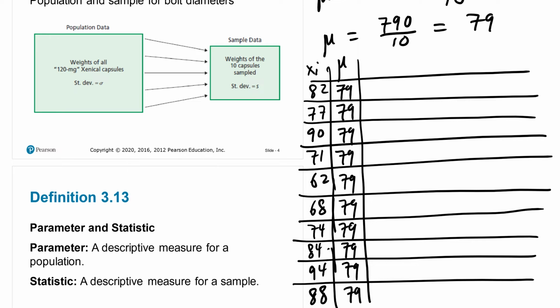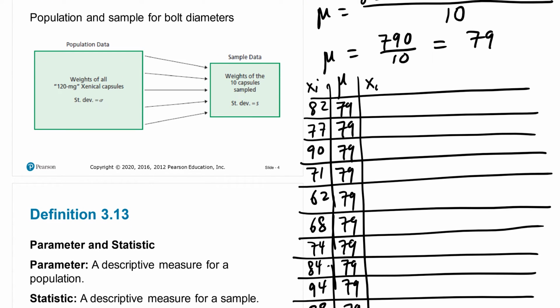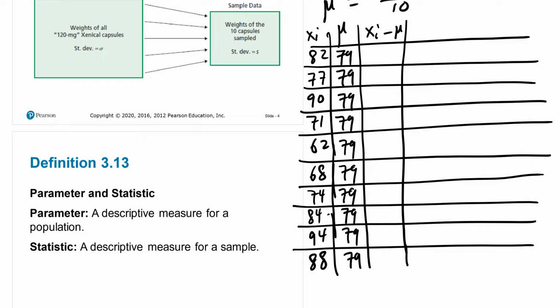Then, looking at the formula, it says xi minus mu, so we subtract them. 82 minus 79 is 3, then negative 2, 11, negative 8, negative 17, negative 11, negative 5, 5, 15, and 9.